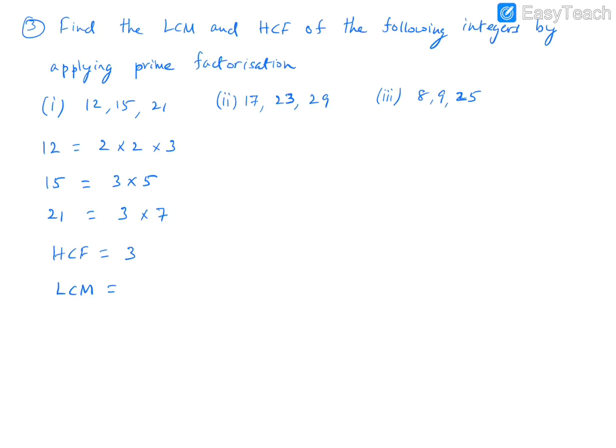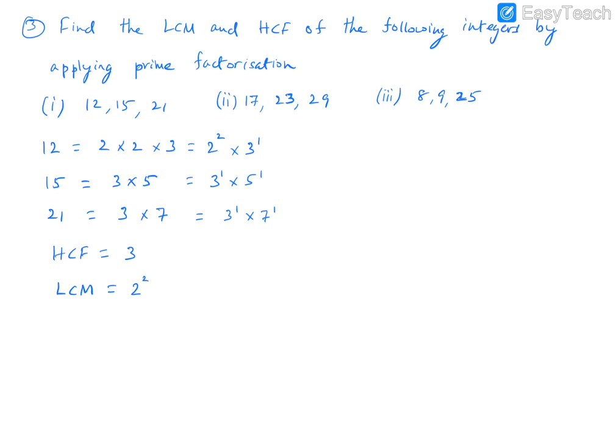So the greatest power of 2 that is present here is 2 power 2, because we have two 2's here, right? So this is 2 power 2 into 3 power 1. So this is 3 power 1 into 5 power 1. This is 3 power 1 into 7 power 1, right? So the LCM is the product of the greatest powers of each of the prime factors that are involved in this factorization.